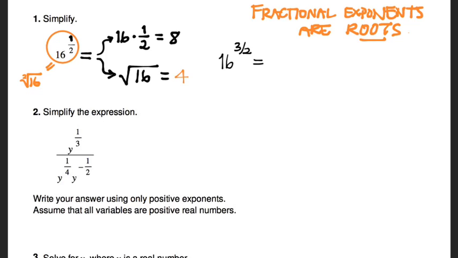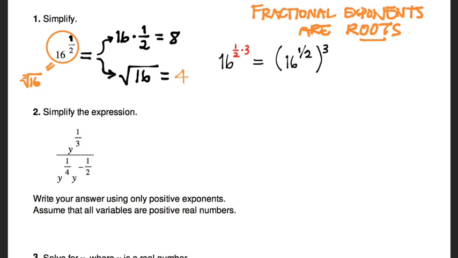Since we know how to deal with the 1 half power, if we can relate this to the 1 half power in a way that's easy, then we should be able to solve it. And the way to do that is to break apart the 3 halves from up here. Break it apart into 3 times 1 half. So this is really, or maybe better yet, 1 half times 3. After all, 1 half times 3 is 3 halves.